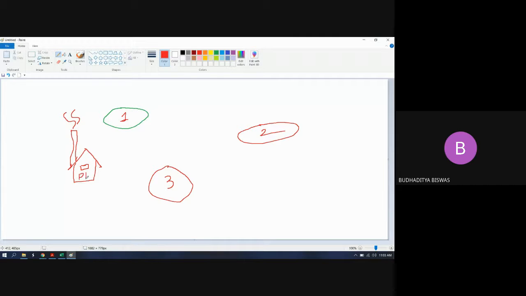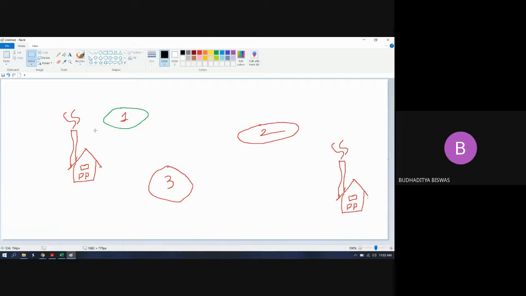Say this particular power system has 2 power plants, one power plant here, another power plant here.